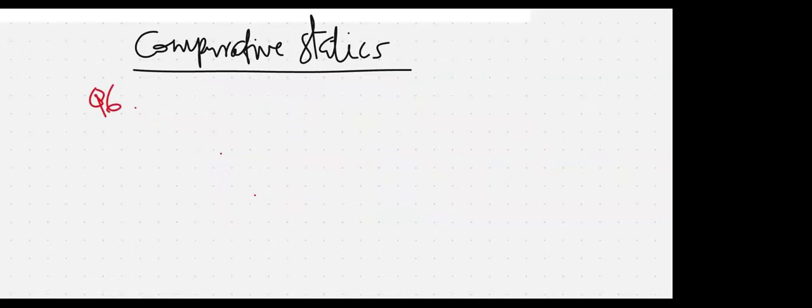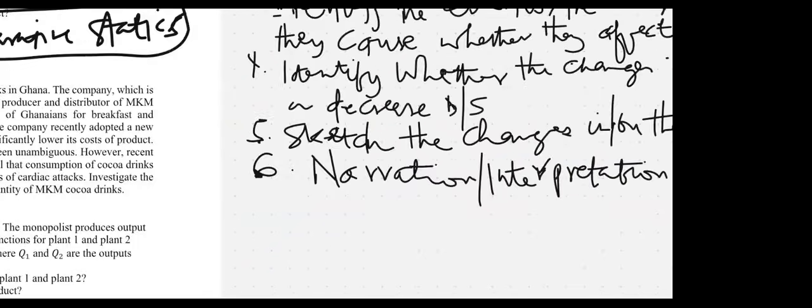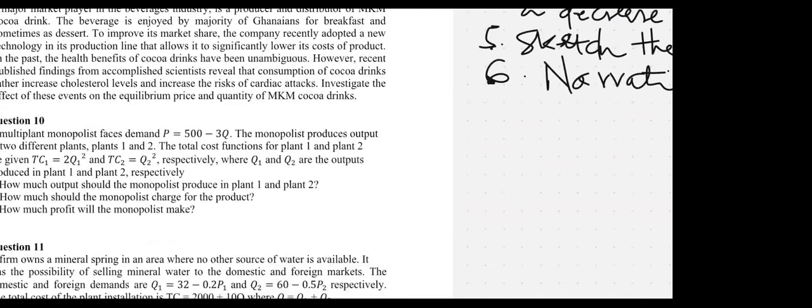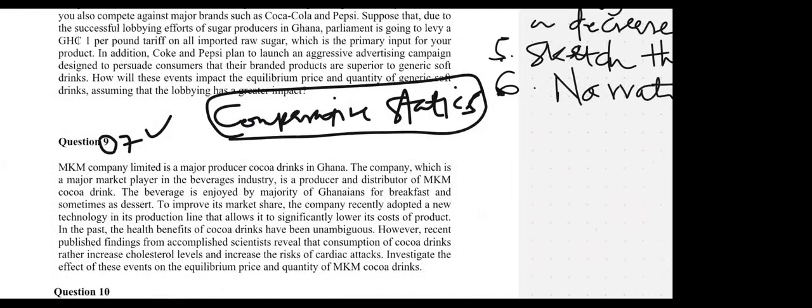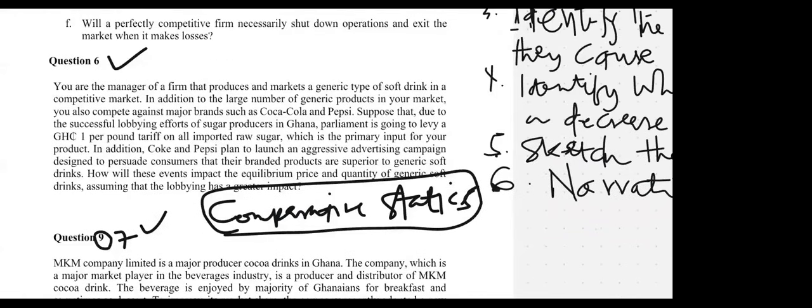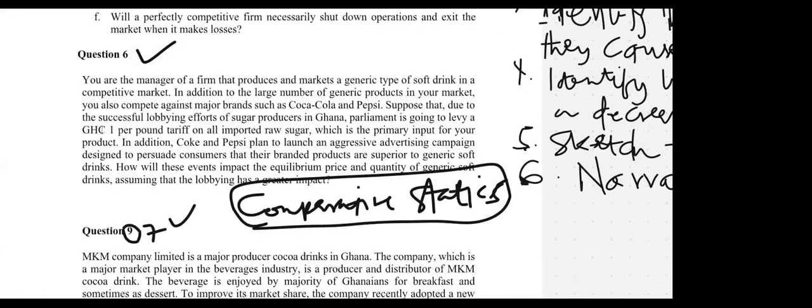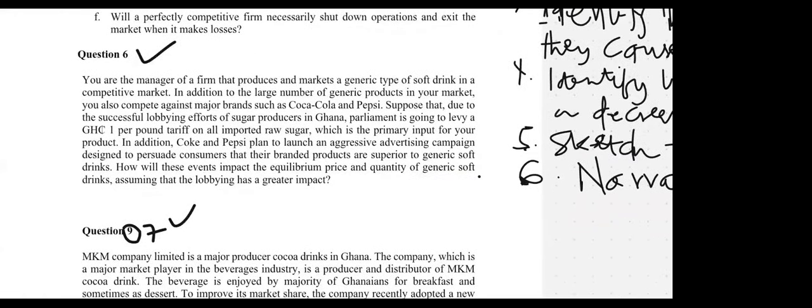Before we begin, what did we say was the first step? We're going to solve question 6, and questions 6 and 7, as I said, are comparative statics questions. So where do you begin from? Watch.